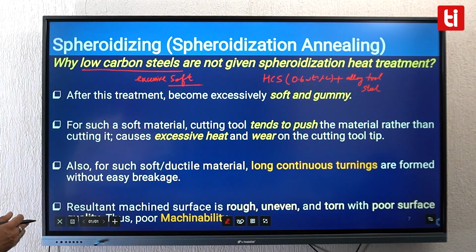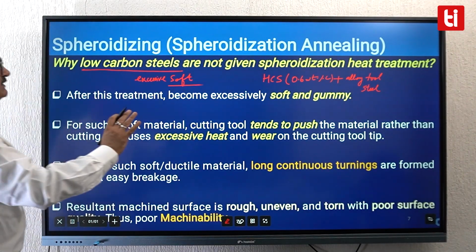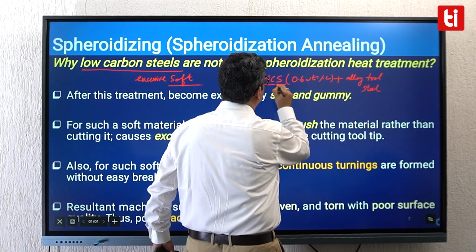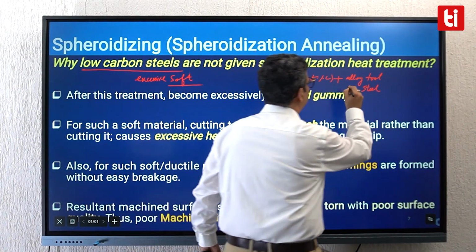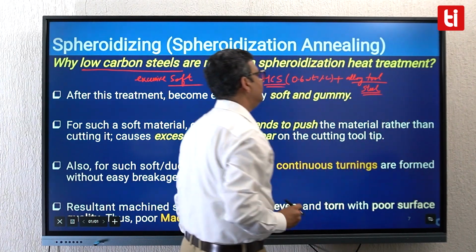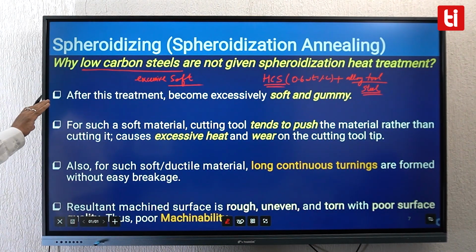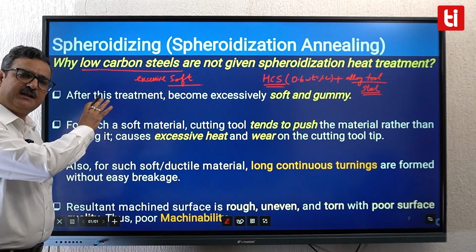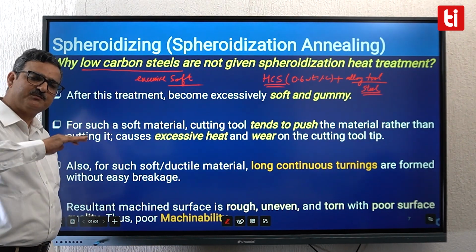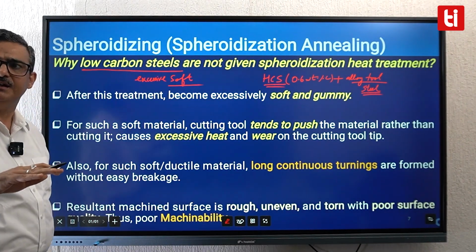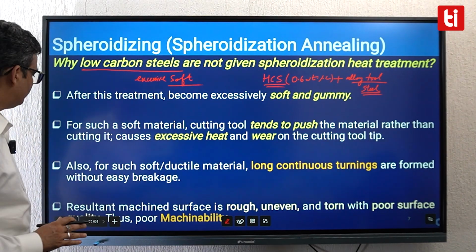So the conclusion is that if machinability for these steels has to be improved, the choice should be spheroidization annealing. For other types of steel compositions, we have already discussed in that table on the second slide which microstructure will give the best machinability for each of those steel compositions.